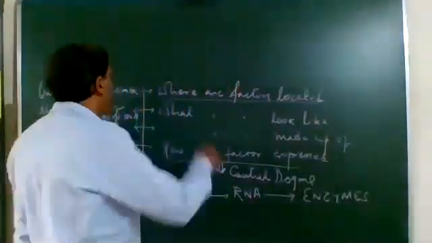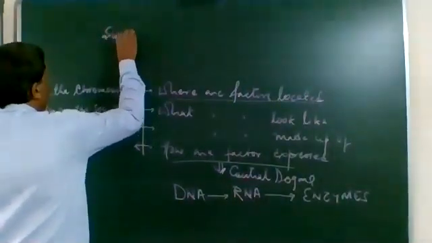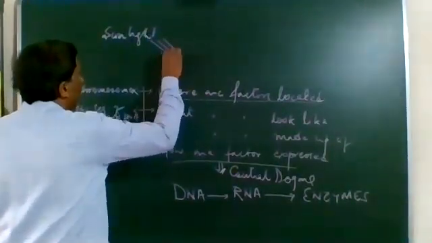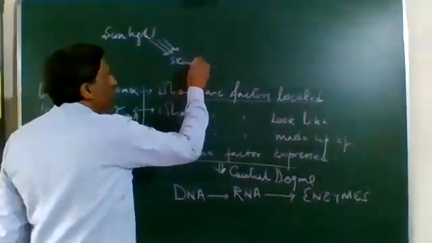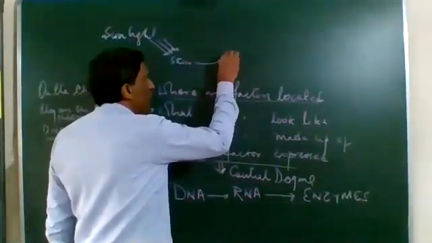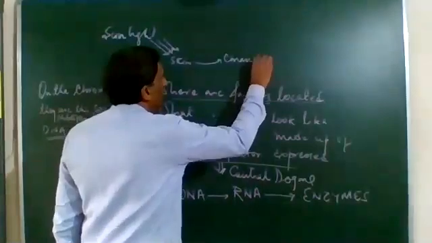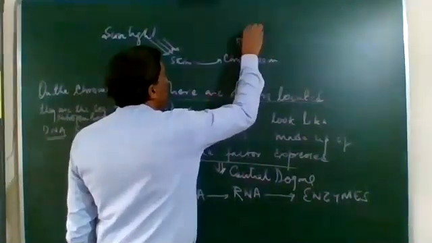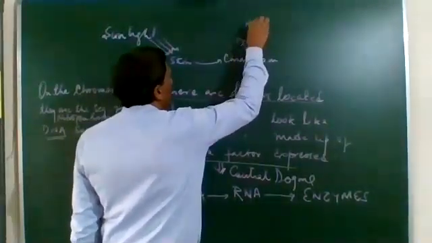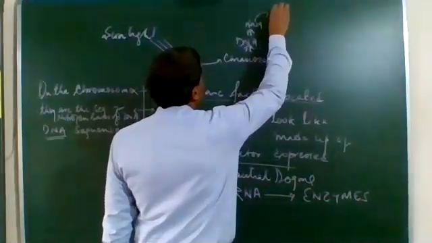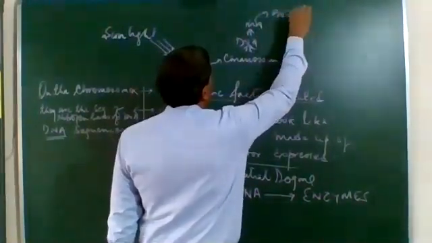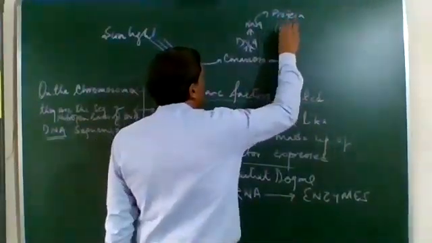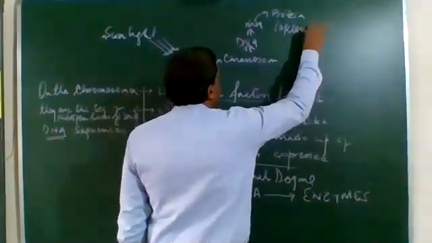So when sunlight falls on the skin, it is understood by a particular portion of the DNA, which sends signals to make RNA, and RNA will make a protein, an enzyme, and that enzyme will make the protein called melanin.